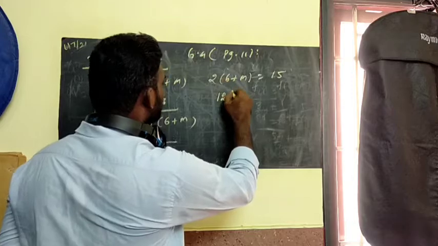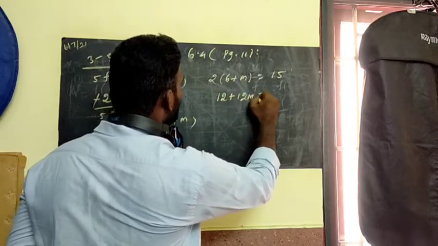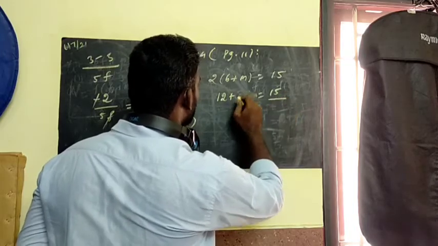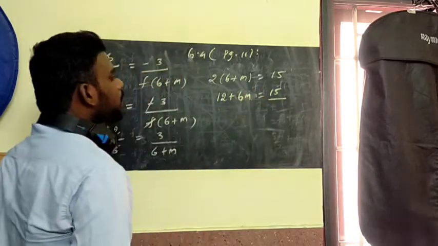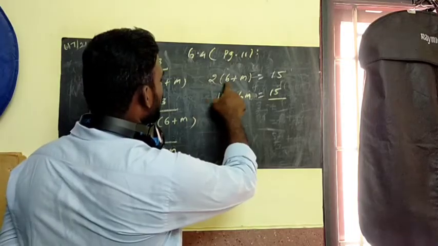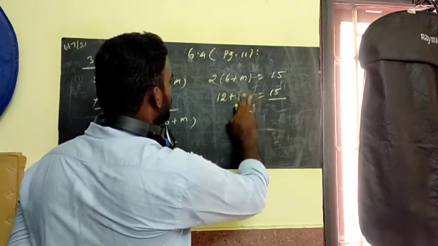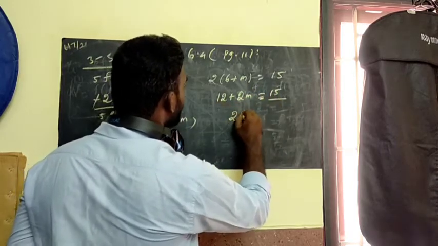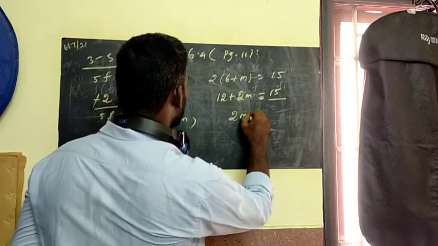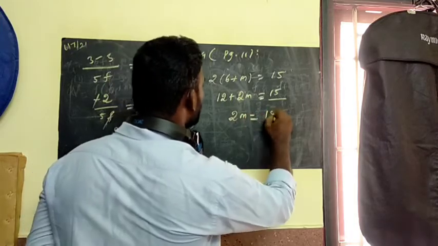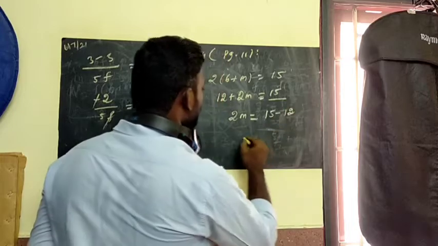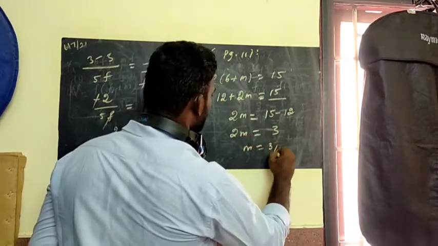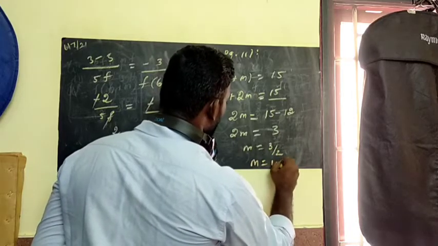So 12 plus 2m equals 15. If you transfer that, 2m equals 15 minus 12. Then 2m equals 3, and m equals 3 by 2, that is m equals 1.5.